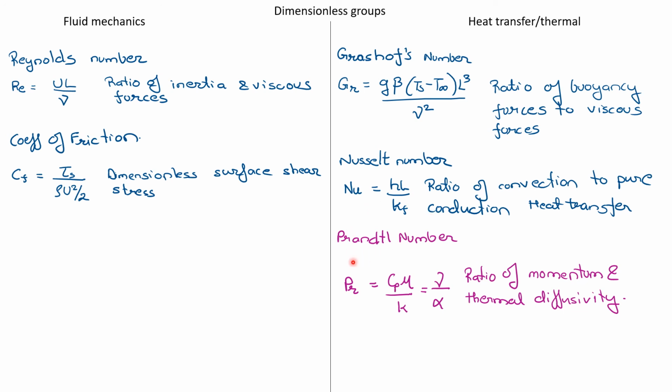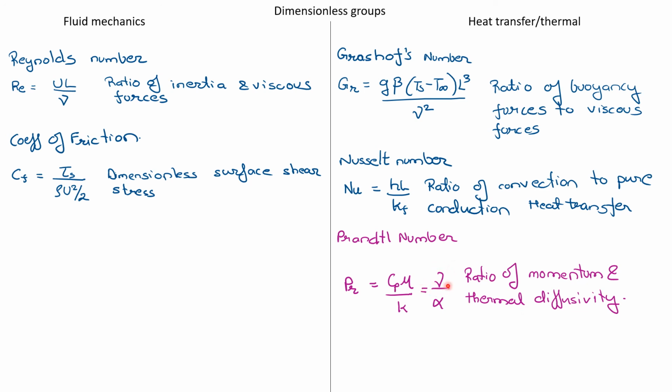The next number is the Prandtl number, which is a relation between fluids and heat transfer. The Prandtl number is defined as the ratio of diffusivities, the momentum diffusivity and the thermal diffusivity.